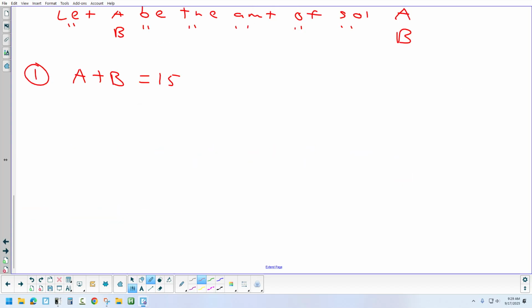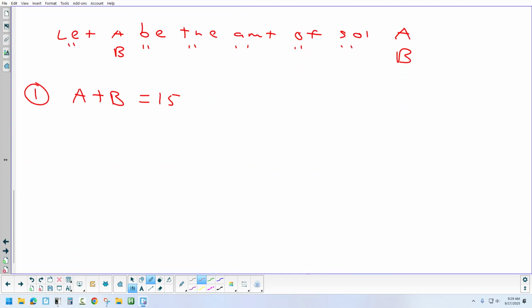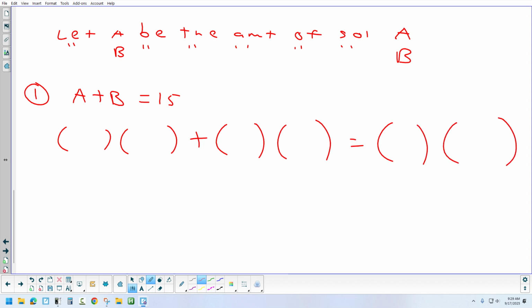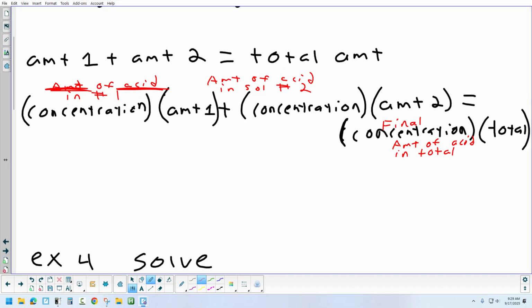So now we need to set up an equation that takes into account the percentages. And that's always going to look something like this. That's the same format that I just wrote right up there. So now, let's do that.